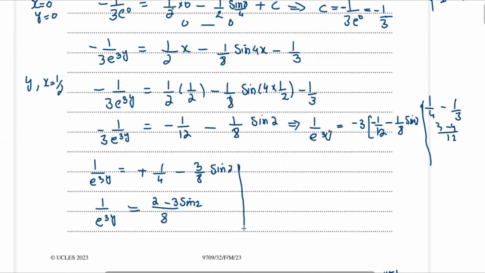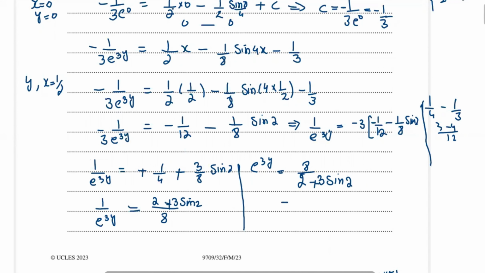Now you can write it as e power 3y equal to 8 over 2 minus 3. Now this is the minus minus plus plus 3 into sine 2. Now e power 3y equal to 8 over 2 plus 3 sine 2.